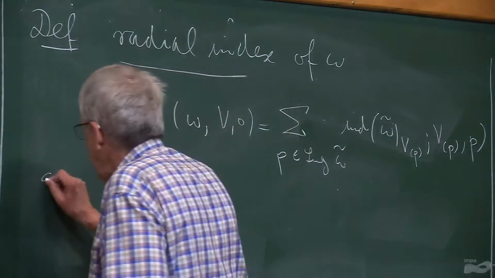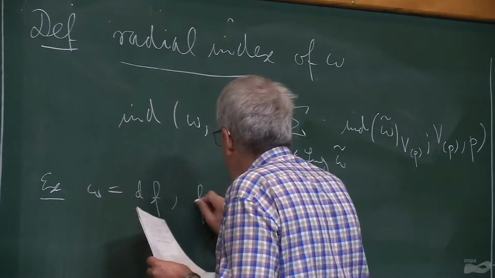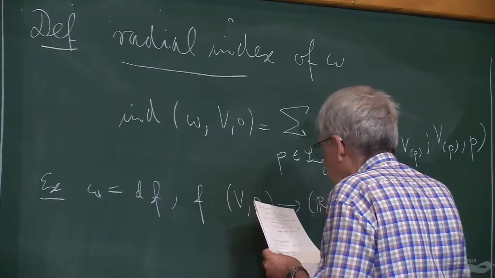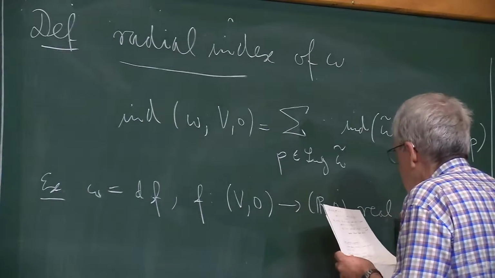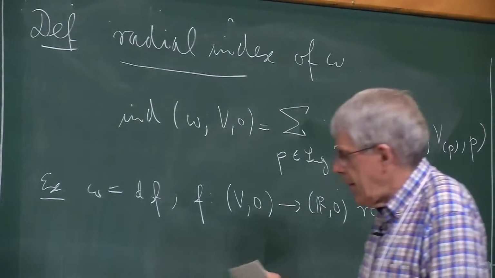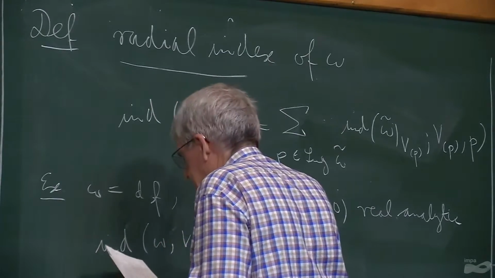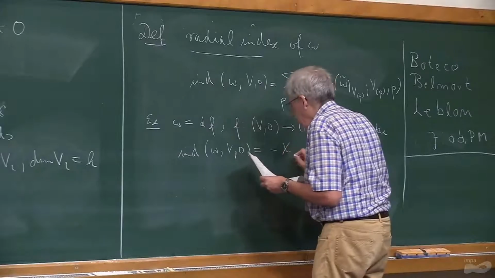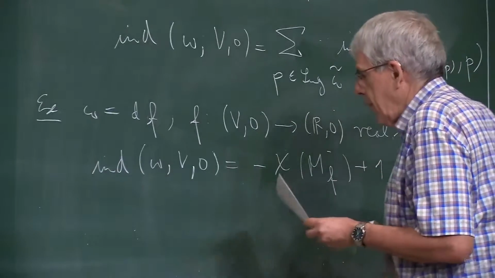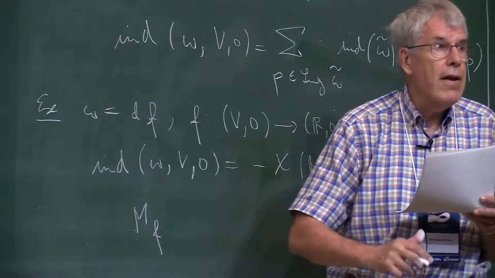So let me give an example. If omega is the differential of a function f, where f is a real analytic function, then this index which I defined is equal to minus the Euler characteristic of the Milnor fiber MF minus, plus 1. So we are in the real situation, so we have two Milnor fibers, a positive and a negative one.